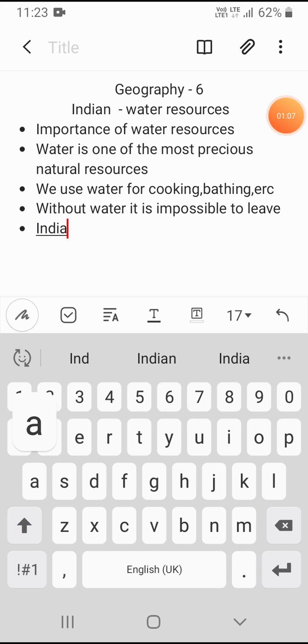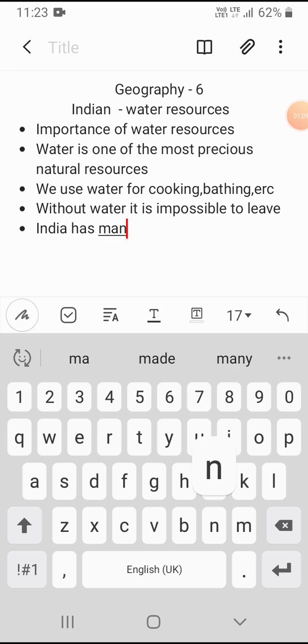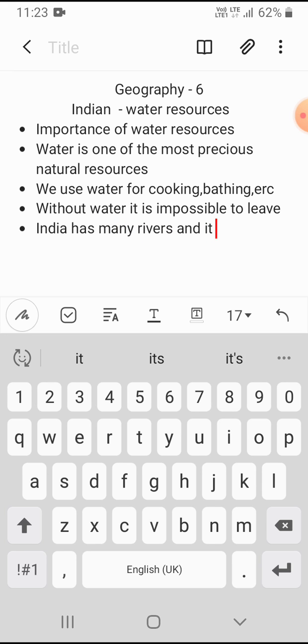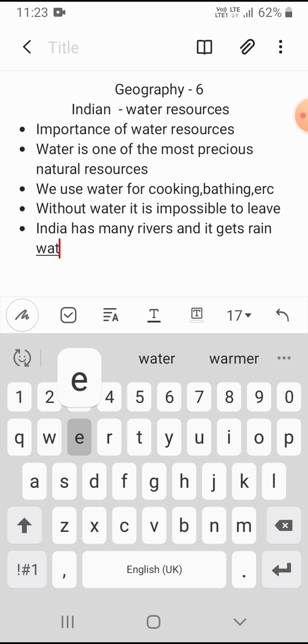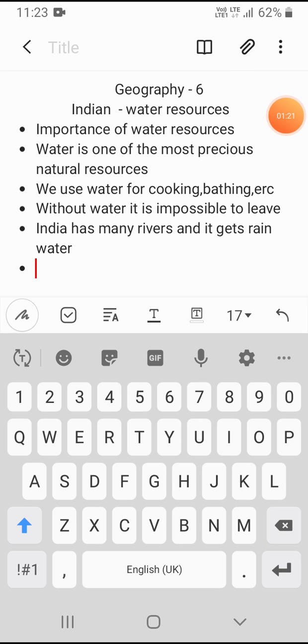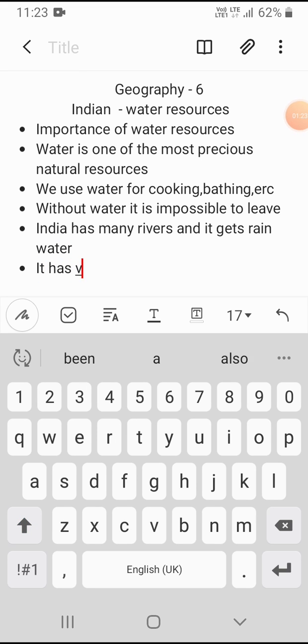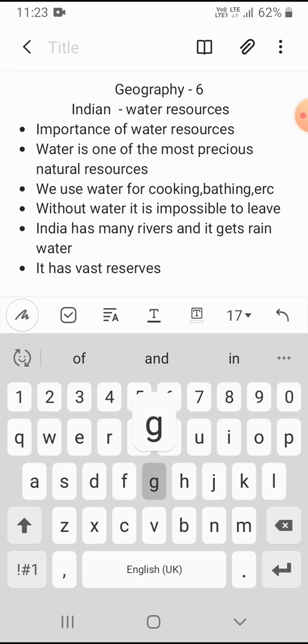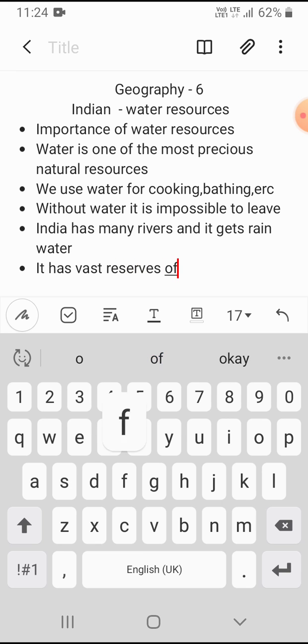India has many rivers, and it gets rainwater, and India has vast reserves of groundwater.